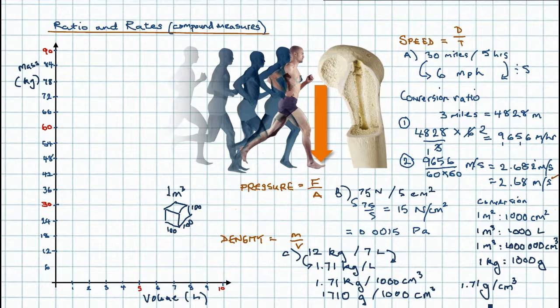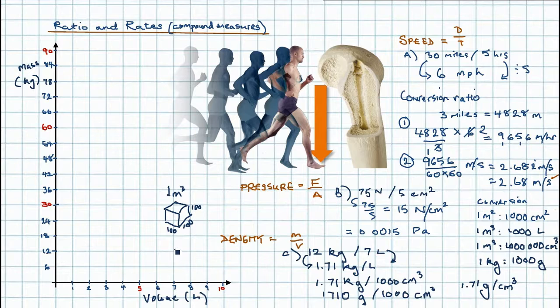And there we go. And does that sound reasonable? Well, what I've noticed is that we've ended up with the same as we had up here, 1.71 kilograms per litre. Now we've got 1.71 grams per cubic centimetre. So I can use my graph here again.